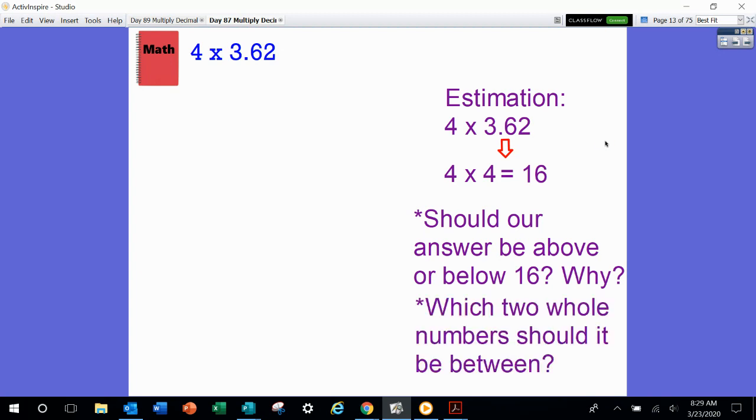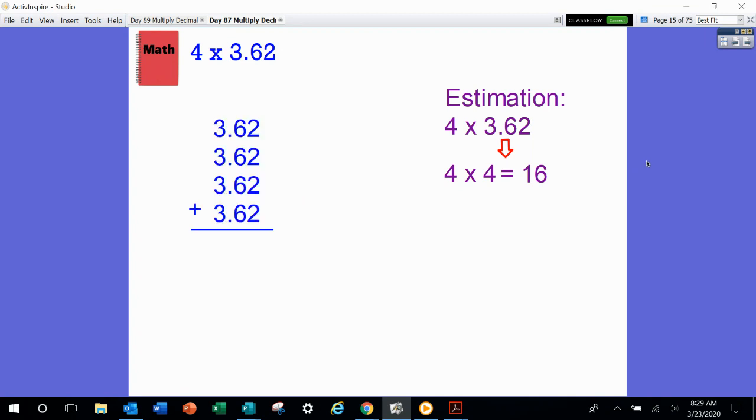Which two whole numbers should it be between? Well, it should be between 16 and, let's say we rounded this down to the whole number of 3. Well, 3 times 4 is 12. So I should have an answer between 12 and 16, because this decimal here is between 3 and 4.